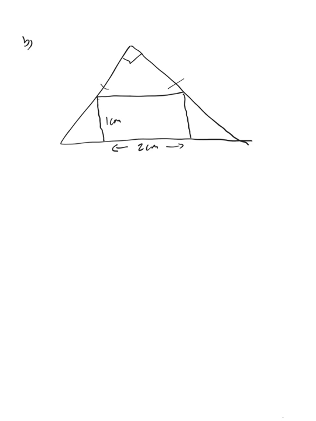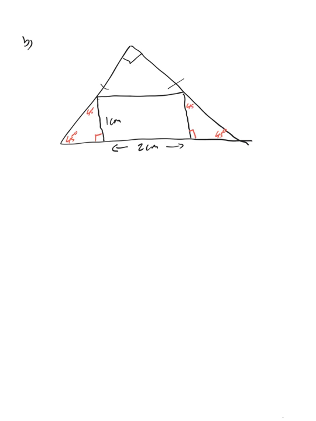Okay, so here we are, the second part of question 4. Once again, right-angled isosceles triangle, and let's see what that actually means. If it's a right-angled isosceles triangle, we know that this angle here must be 45, as must this one here. Equally, we know that these are right angles, so that means that each of these other two angles must also equal 45.